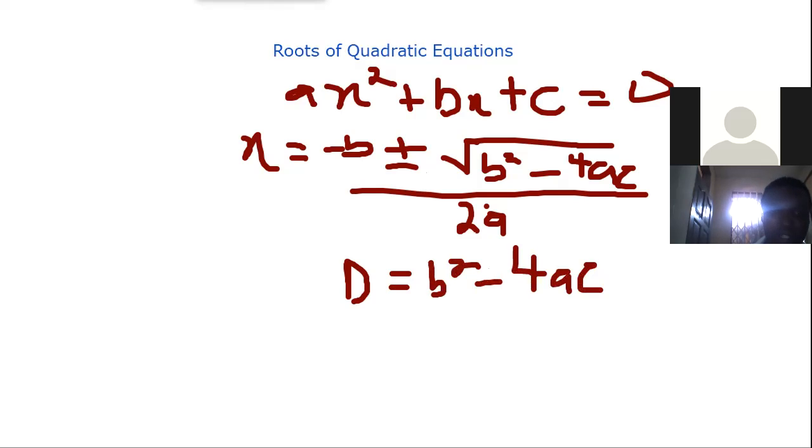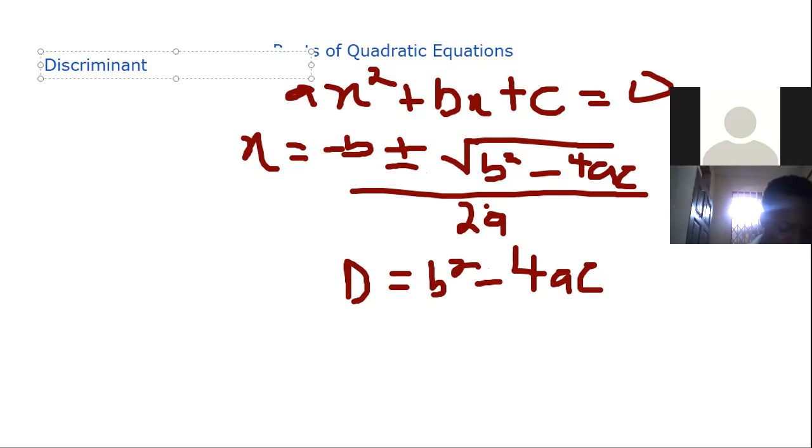The discriminant. Discriminant. It is denoted by D. Let me just spell it here. Discriminant.